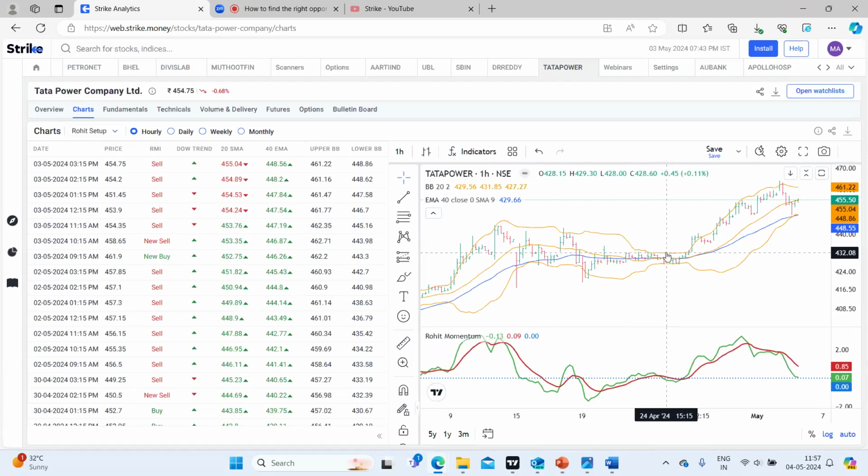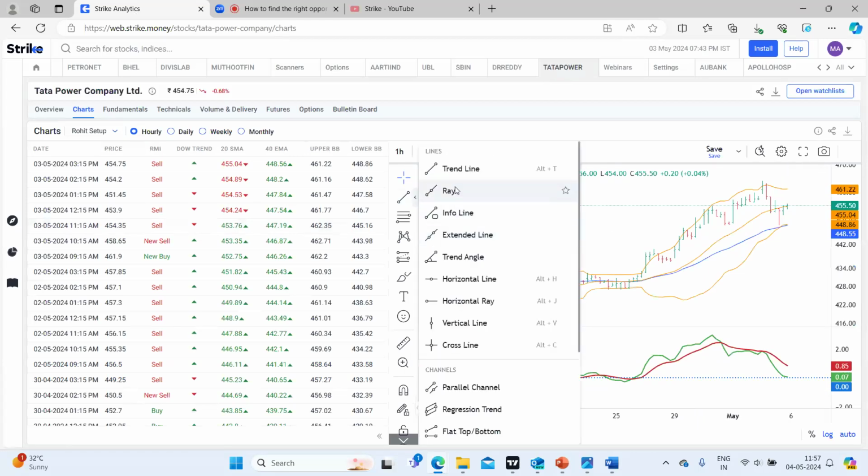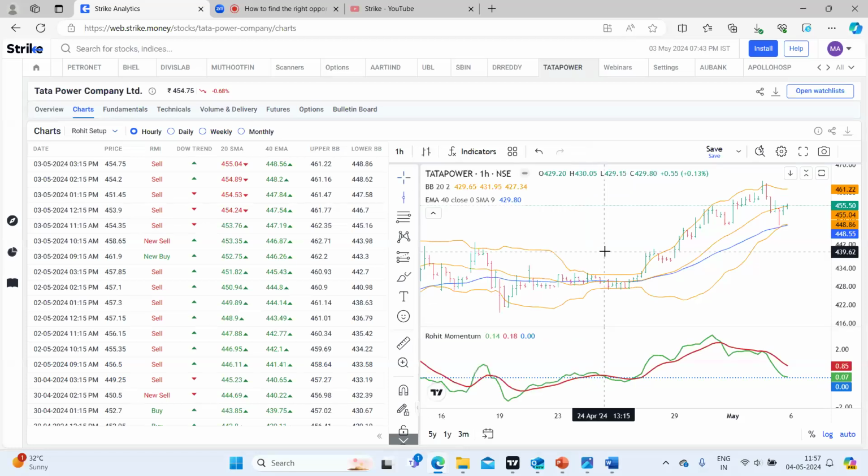And even if you see the candle, it is very engulfing, and it goes below both the 20 and 40 averages.